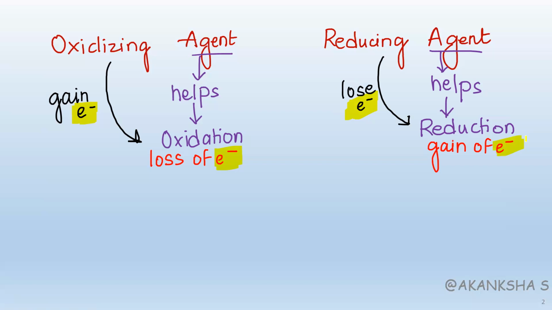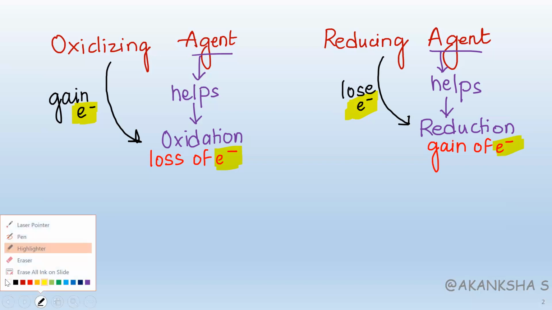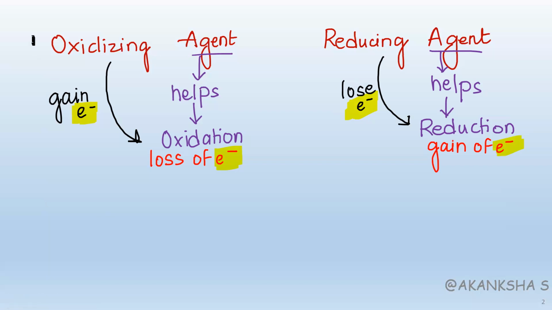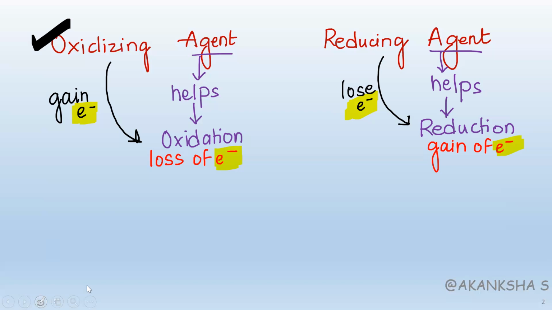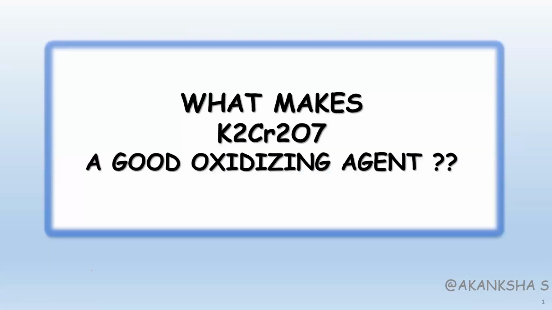Okay, now here we are very much focusing on the oxidizing agent part. Why? Because just now, a couple of minutes ago, I mentioned one important point. What makes K2Cr2O7, that is potassium dichromate, a good oxidizing agent?